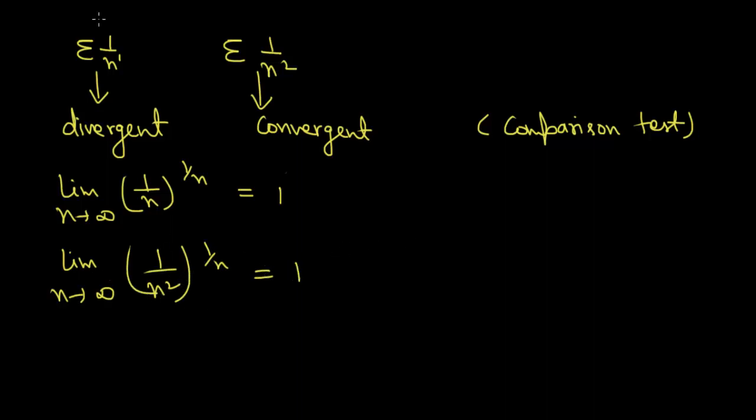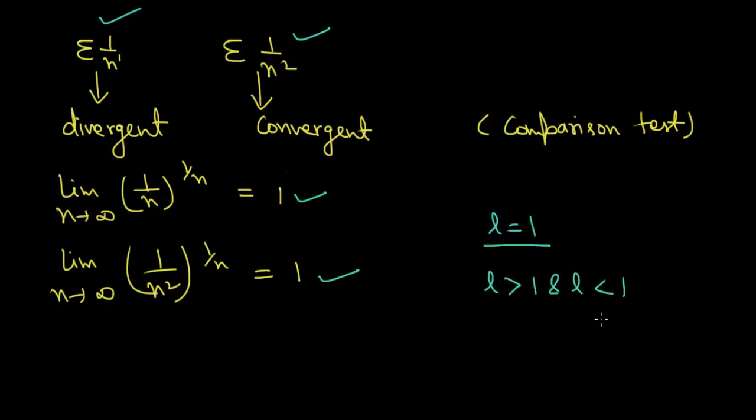So for this series we are getting 1, and for this series also we are getting 1, but the first series is divergent and the other series is convergent. So here the test fails at L equal to 1. If you get L equal to 1, the series can be convergent or divergent. So this test is only for L less than 1 or greater than 1.